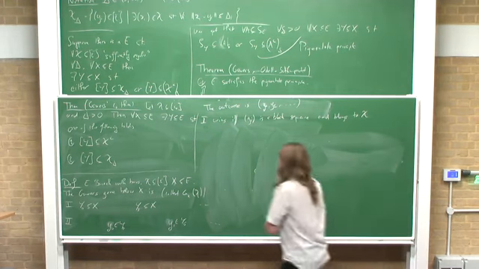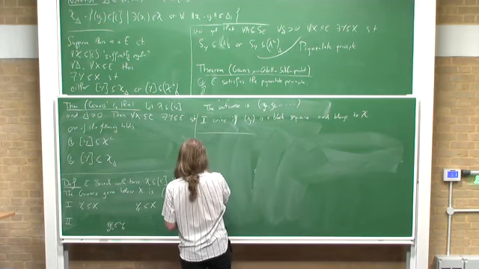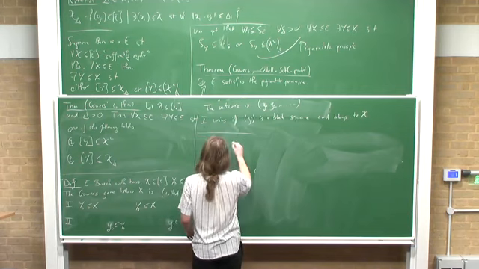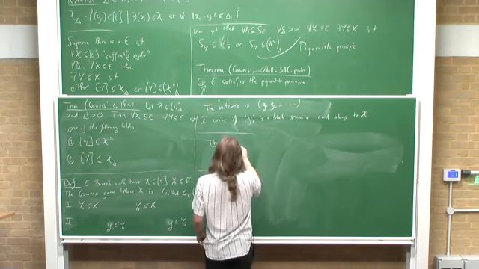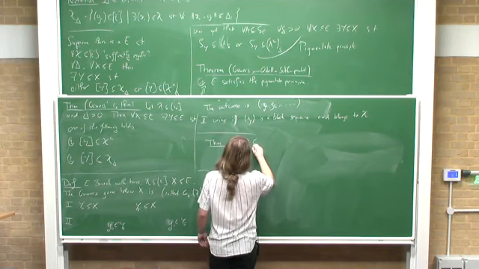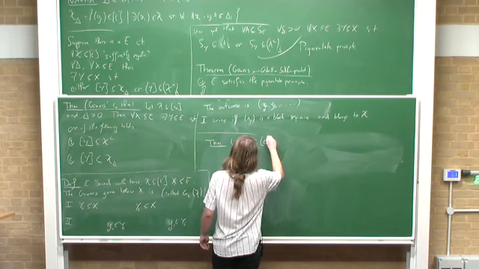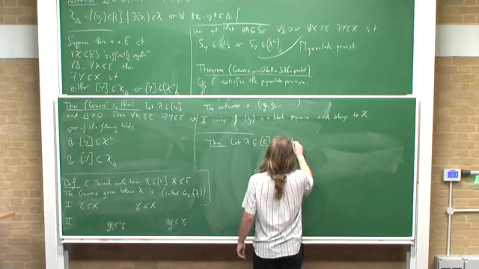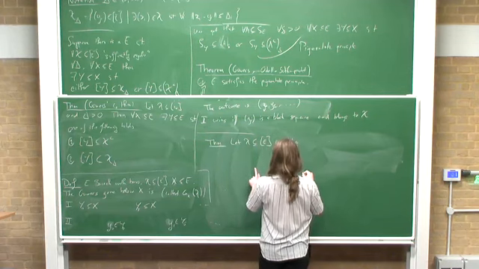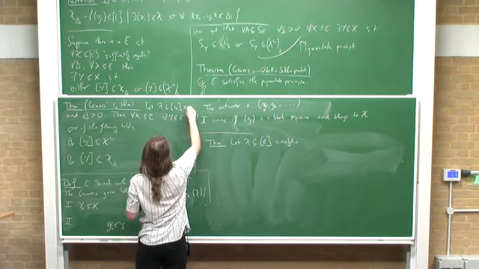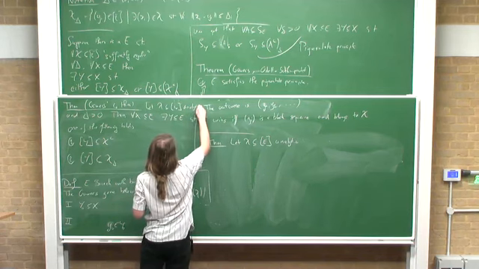And the theorem, the general Gowers theorem, is the following. Let X be an analytic subset of E. Oh, I forgot to say that X has to be analytic here too.